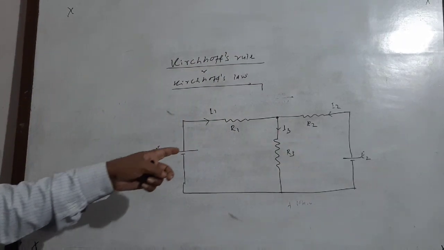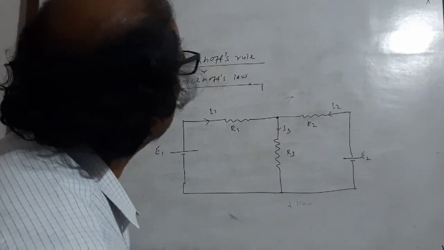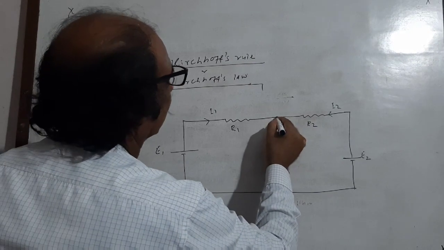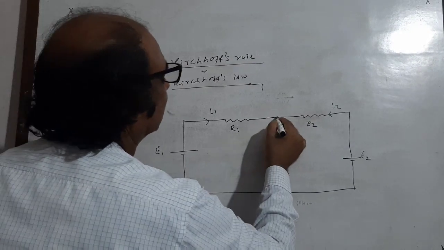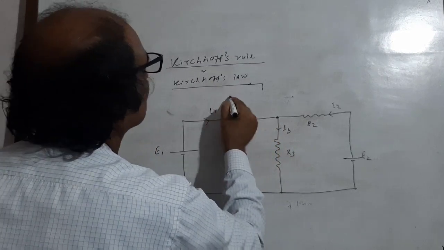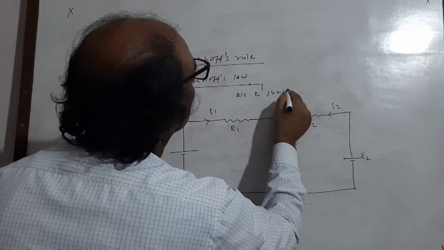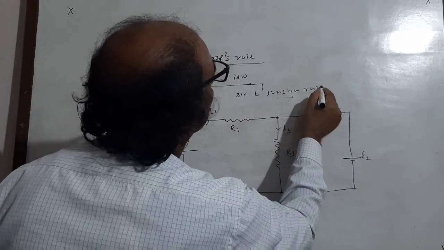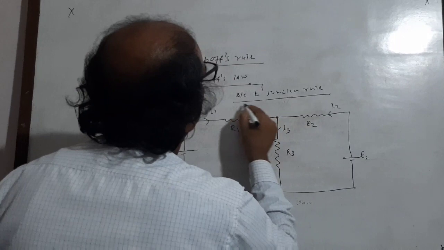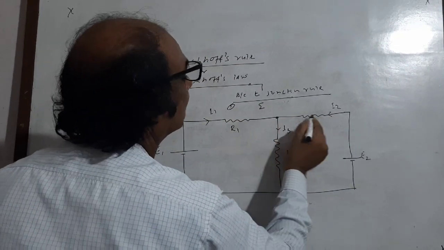So first of all, both rules are involved here at this point. At this point, the total incoming current, according to the junction rule, is the sum of I1 plus I2.